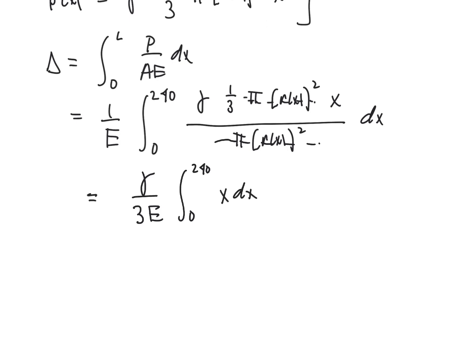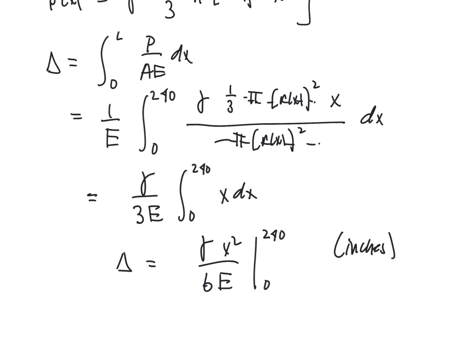So this is one of those examples where even though the geometry is not trivial, it's this circular cone, the integral that results that we have to evaluate is not very difficult at all. We can all do that one. So that's going to be gamma times x squared over 2 times 3, so 6E, evaluated from 0 to 240. And that's going to be our total delta. Now remember, that's going to be in inches because we have already set up our units.